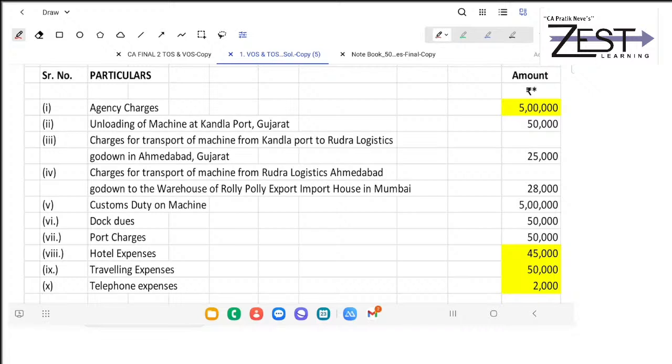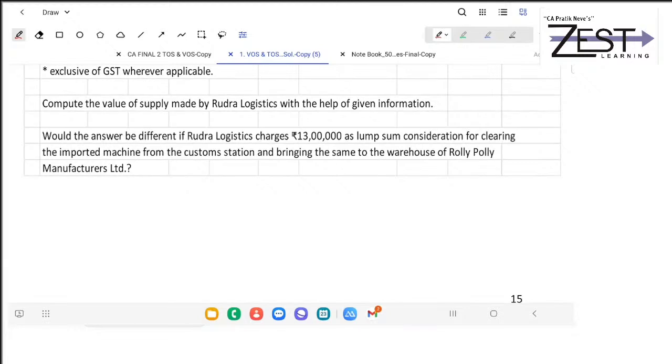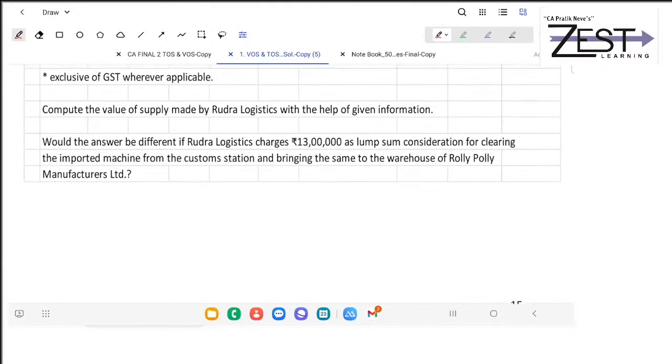Waiting for your C. Okay, that's it. Take screenshot of this. Waiting for your D now. Is it done, guys?